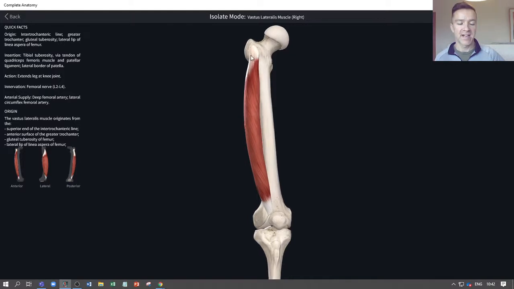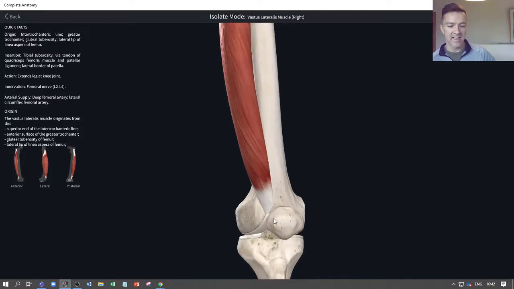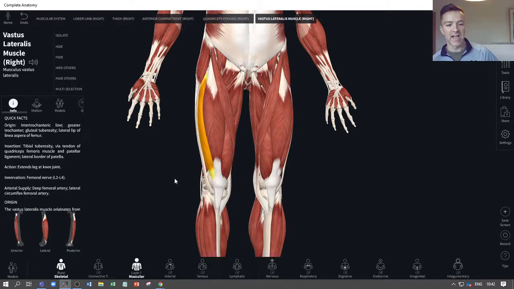The vastus lateralis originates on the femur below the hip joint. It does not cross the hip joint. It is not involved in movement at the hip joint. The belly of the vastus lateralis runs the length of the muscle, and again it joins in here with the other quadriceps muscles which cross over the knee joint and insert onto the tibia. We will look at that insertion in more detail in a moment.